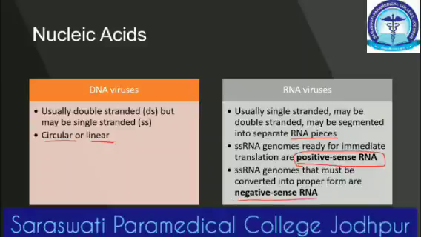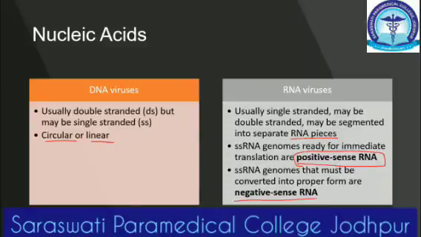Because when we studied transcription, we talked about the sense strand of the RNA and the antisense strand of the RNA, right? Coding strand, non-coding strand. But in this case, the idea is a little different. In the case of virus and viral infection, the virus is carrying RNA. If that RNA is completely ready to be translated, we call it positive sense RNA.